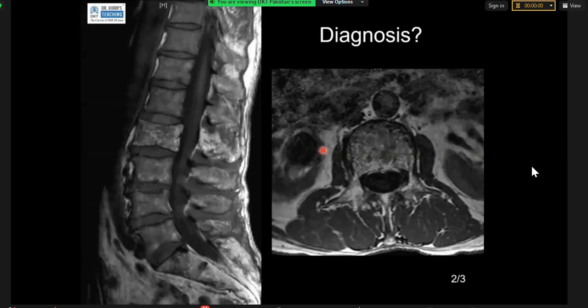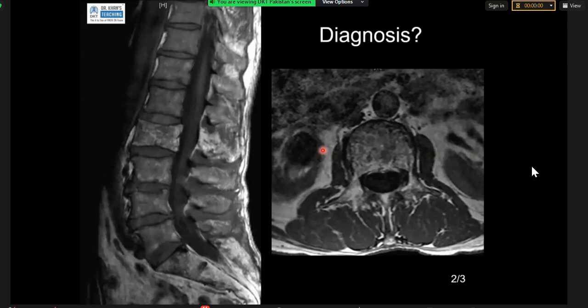Because this is a T1, it could be due to fatty replacement. It cannot be calcification because it would be darker in T1. It is also involving the posterior element. I think the posterior element of this L2 is also involved.